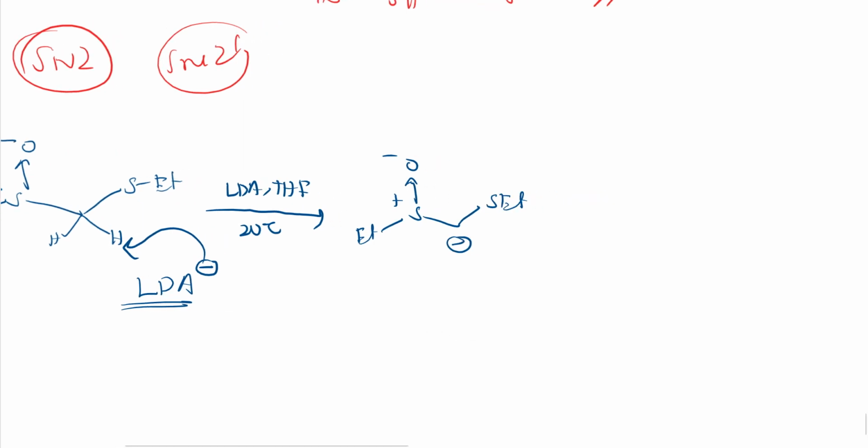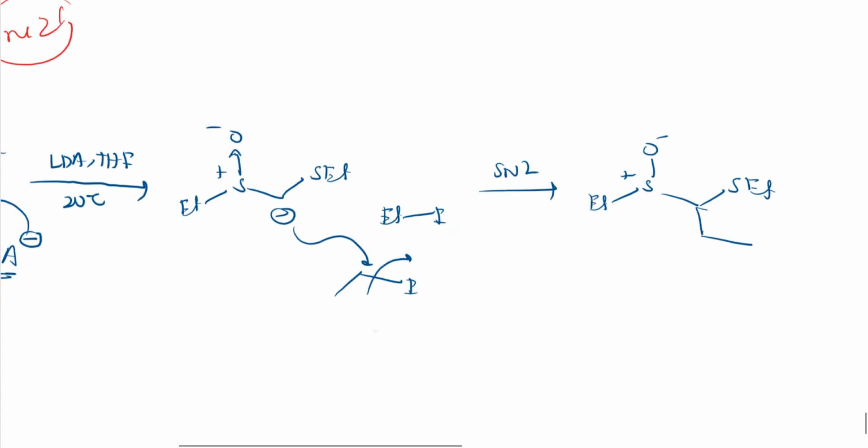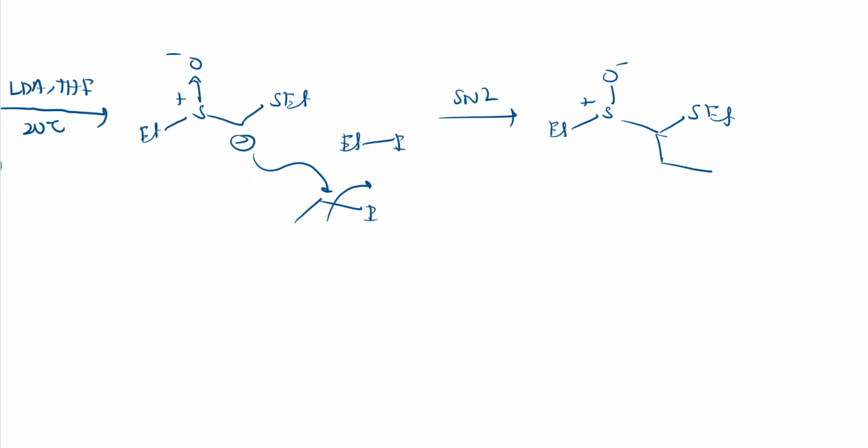Further what happens, here we add ethyl iodide. Ethyl iodide structure is CH3CH2I, so SN2 reaction, iodine leaves the system, right? So it is a simple SN2 reaction. So I'll get this product, O minus, sulfur gets positive, SEt, and here CH2CH3, right? So this is the product. Further, they are adding Hg2 plus in presence of water.